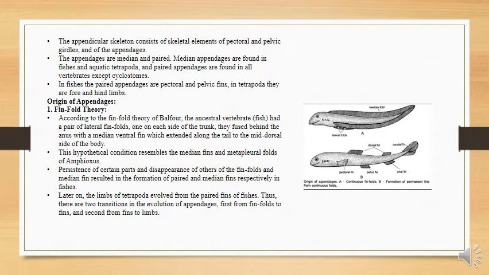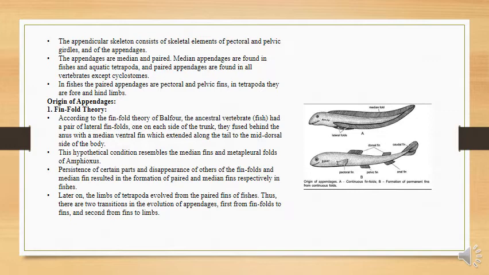This hypothetical condition resembles the median fins and metapleural folds of Amphioxus. Persistence of certain parts and disappearance of others of the fin folds and median fin resulted in the formation of paired and median fins respectively in fishes.